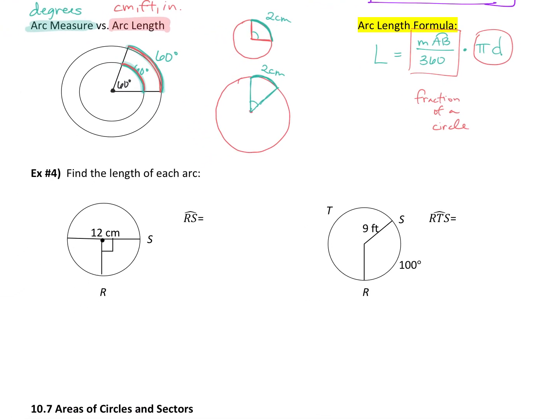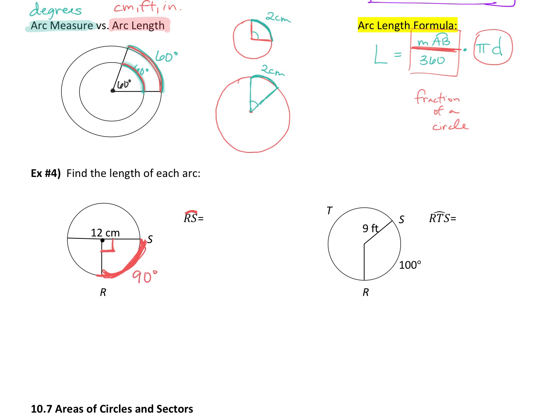Look at example 4. It says find the length of the arc, okay? They're talking arc RS, so RS is right here. Now when it says the measure of arc AB, AB is a generic arc. It's just saying what's the measure of the arc we're talking about. So what is the measure of arc RS? 90.